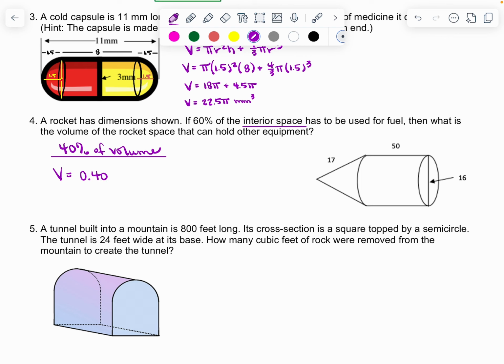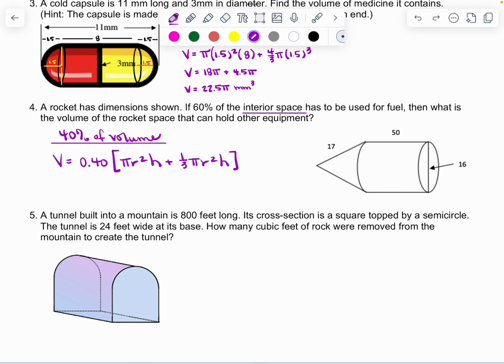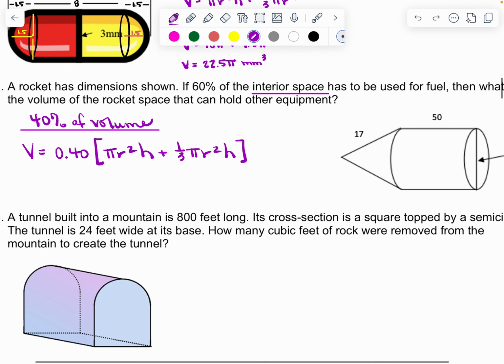So the volume we are looking for is 40% of, which is essentially 0.40 or just 0.4, of pi r squared h, which is the volume of the cylinder, plus 1/3 pi r squared h, which is the volume of the cone. So this is the total rocket, and then we just want 40% of that.